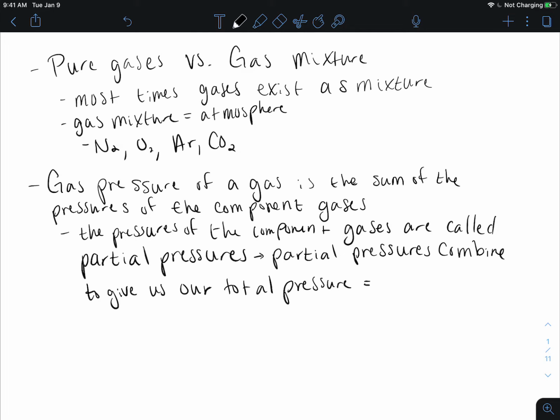And this is Dalton's law, which specifically says that for a gas mixture, or a mixture of gases, each gas is going to exert its own pressure.